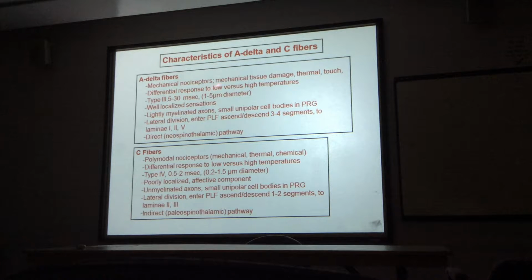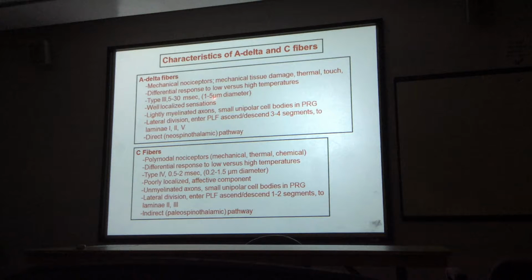They have a differential response. With a low intensity stimulus, they respond a little. With a high intensity stimulus, they respond a lot. So their response rate is related to the degree of input. They're commonly called type 3 fibers, which have a conduction velocity of 5 to 30 meters per second. So they're fairly slow compared to posterior columns, which are fairly fast.